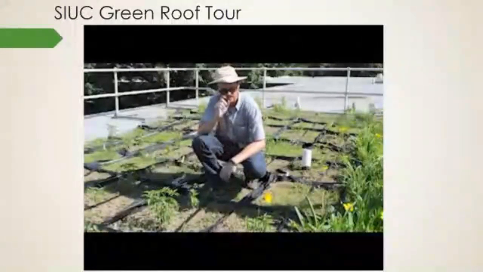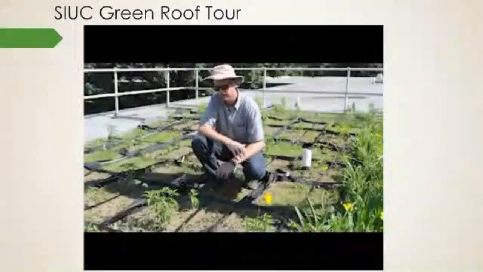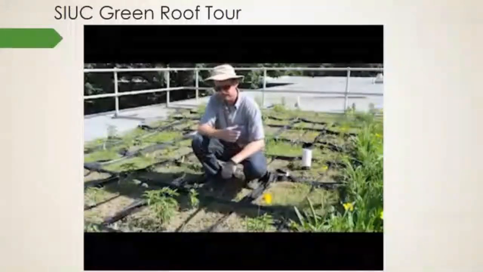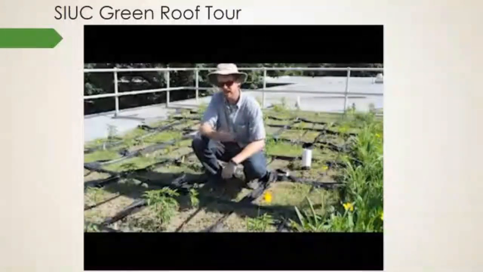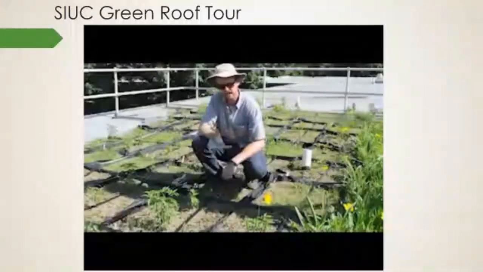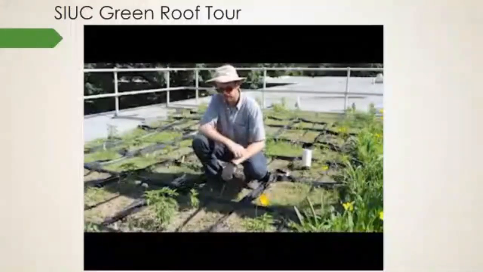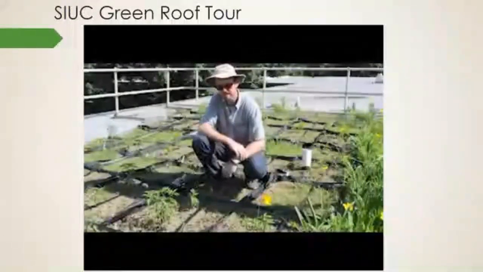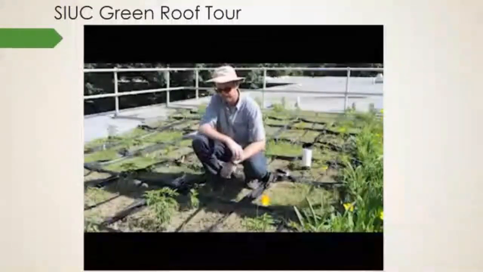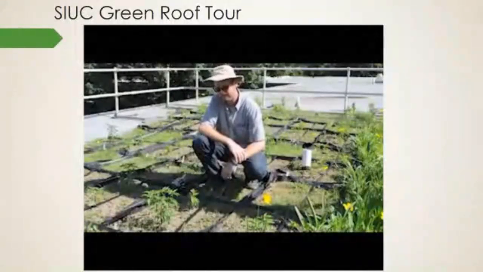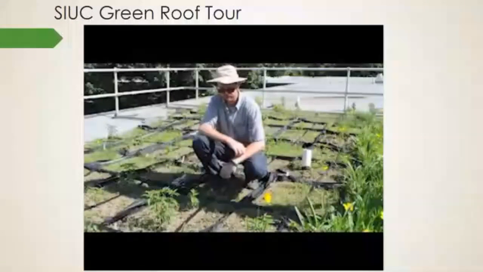Now this research that we're doing up here on the roof is looking at how rapidly organic matter in our ultra lightweight green roof media, or GRM, breaks down over time. So we're taking medium analysis every year to look at the rate at which organic matter breaks down at 6 different levels.